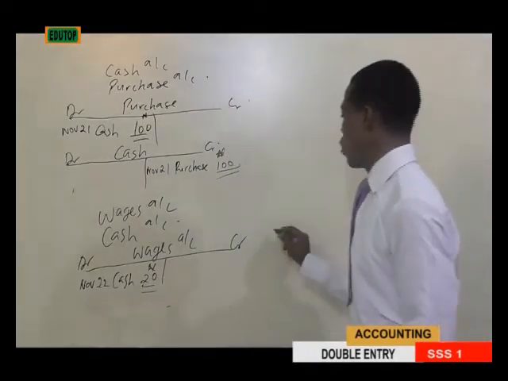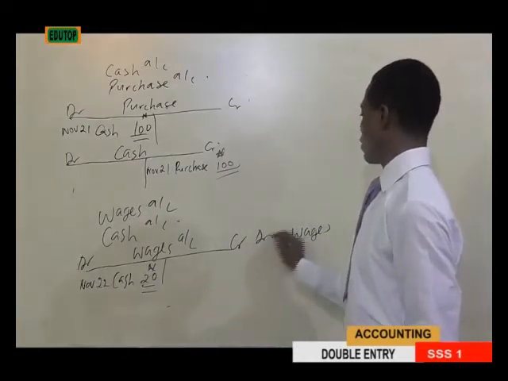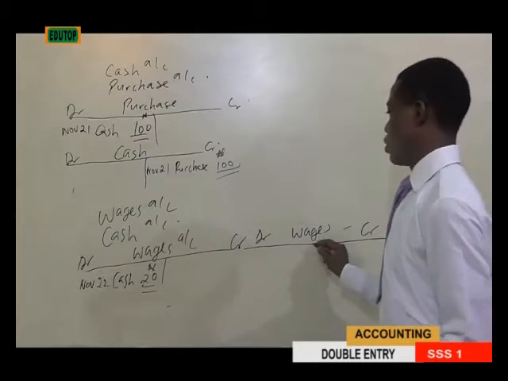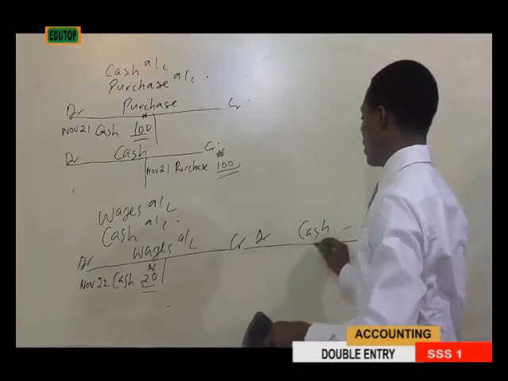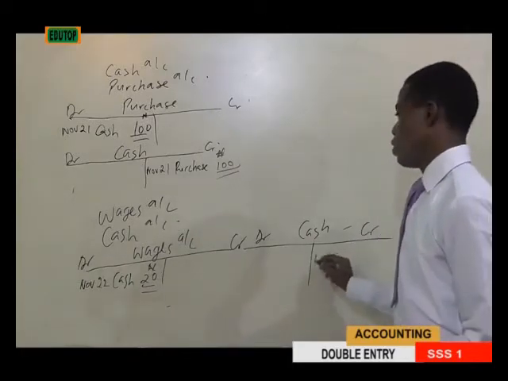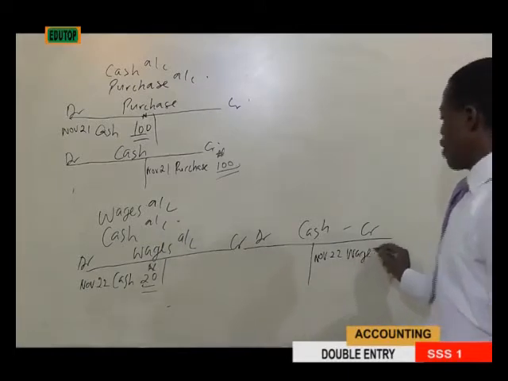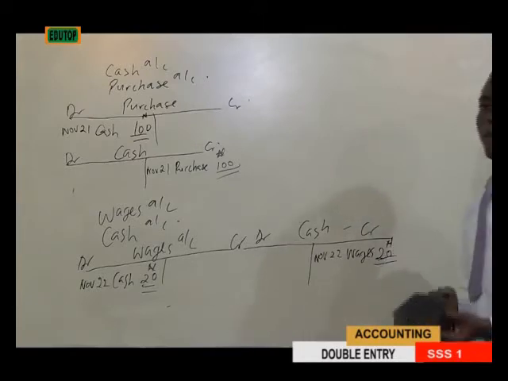Then you prepare cash account as well. That means money goes out to pay wages. November 22, we have wages, which is 20 naira.